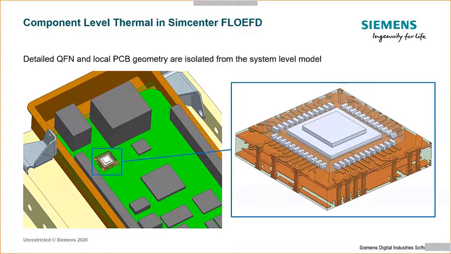In terms of the thermal boundary conditions for this zoomed in model, the heat transfer coefficients on the periphery of the thermal territory in the package are automatically extracted from Simcenter FlowEFD and then applied as boundary conditions on this zoom-in model.